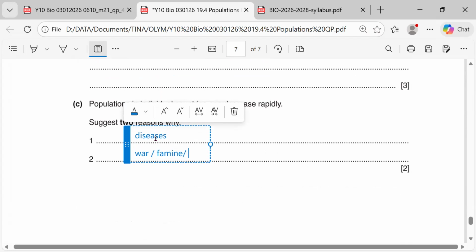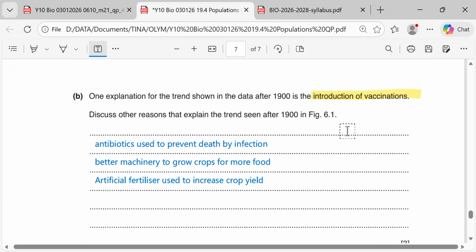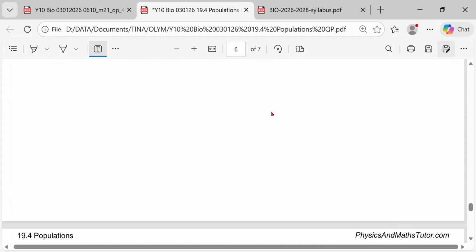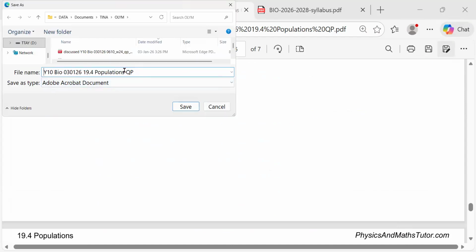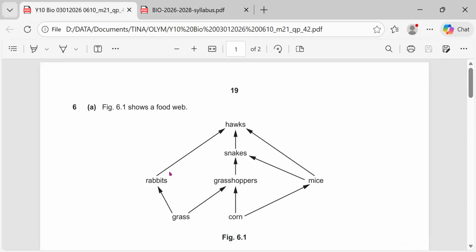Natural disasters also can, such as flooding. Okay. Now, wars. Look at this.